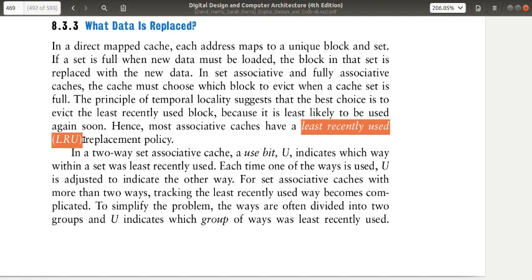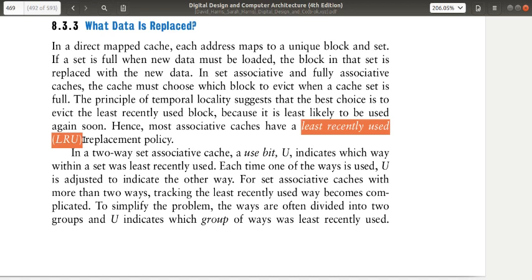The idea is that the data or block of memory being used most recently might be used again in the near future. This was the concept of temporal locality, right? So the least recently used replacement policy is aiming to exploit this concept of temporal locality.